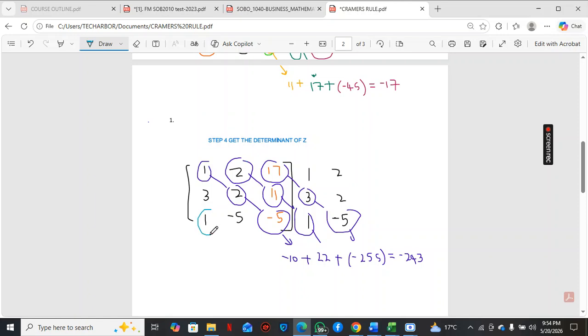Then we get our next diagonals. 1 times 2, that is 2. 2 times 17, that is 34.